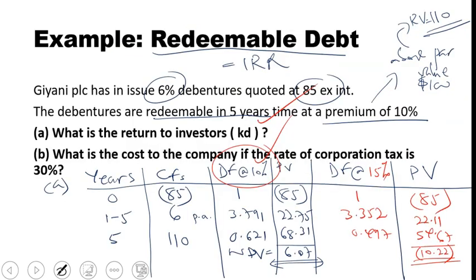Another point I forgot to mention is that during your trials, you just have to lead yourself by the principle. We know that the internal rate of return is the rate at which the NPV should be 0. So when you pick your first discount rate, if it gives you an amount that is very close to 0, for example 0.1 or 0.5, then you can use that one as your cost of debt.